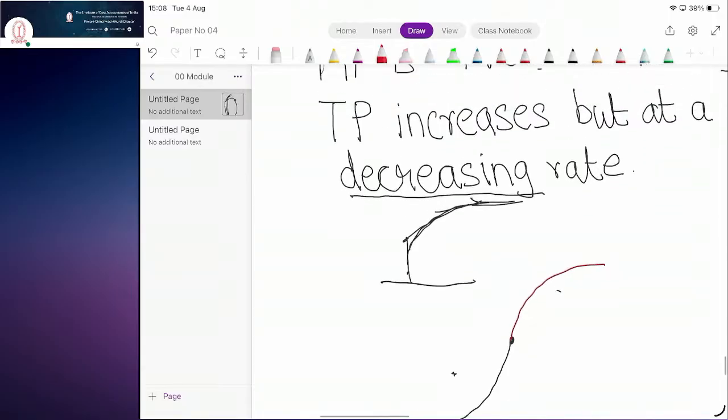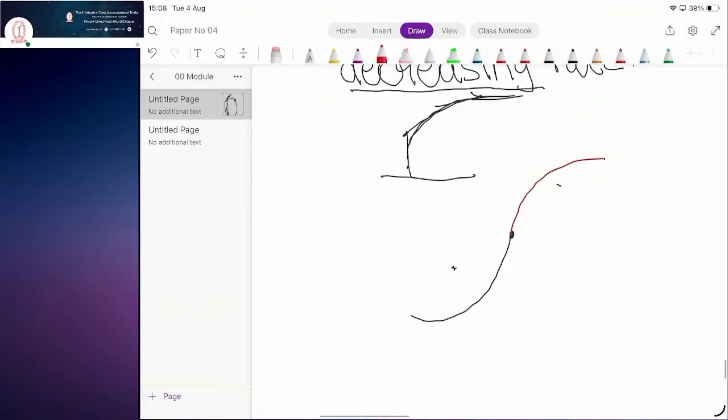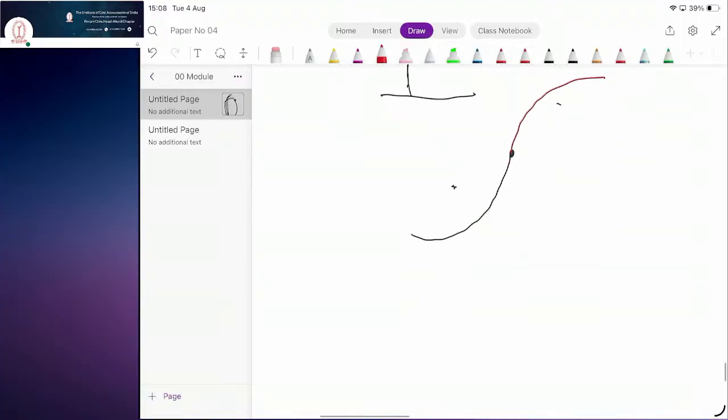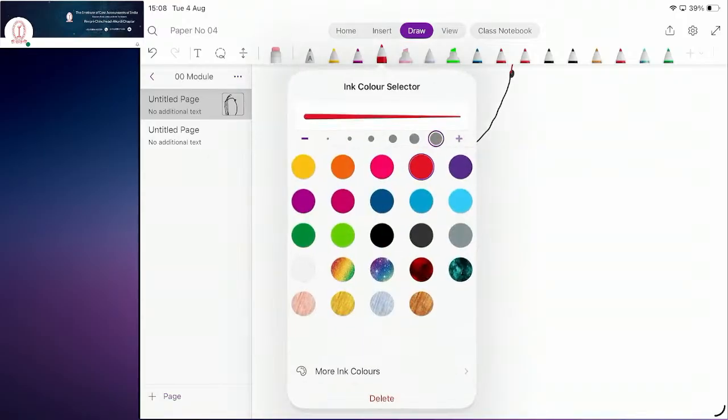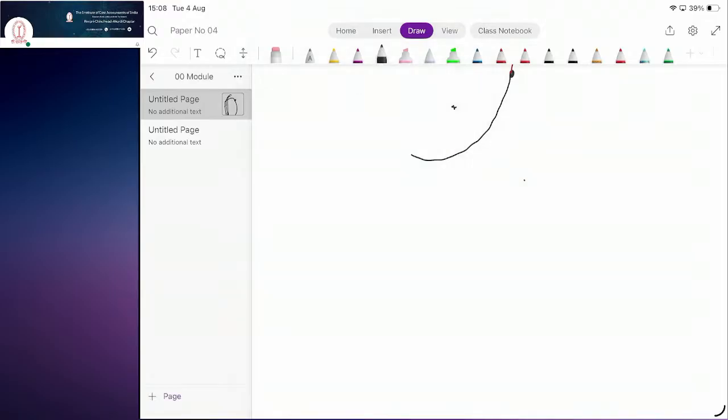Okay. Now the last point, just the last thing about this graph that we need to know, write this. When marginal product is negative, what does that mean? Total output is decreasing.